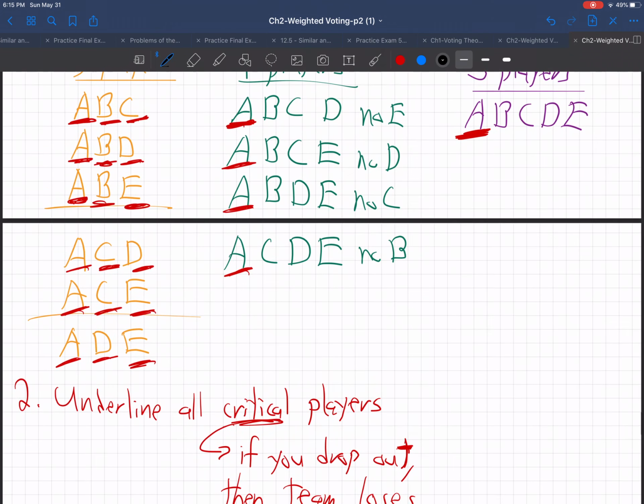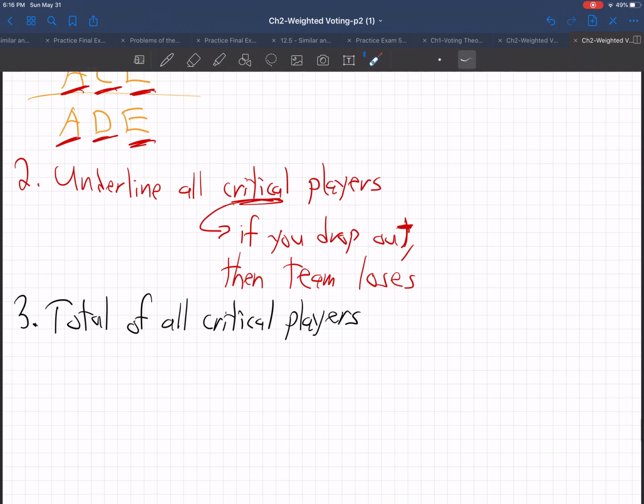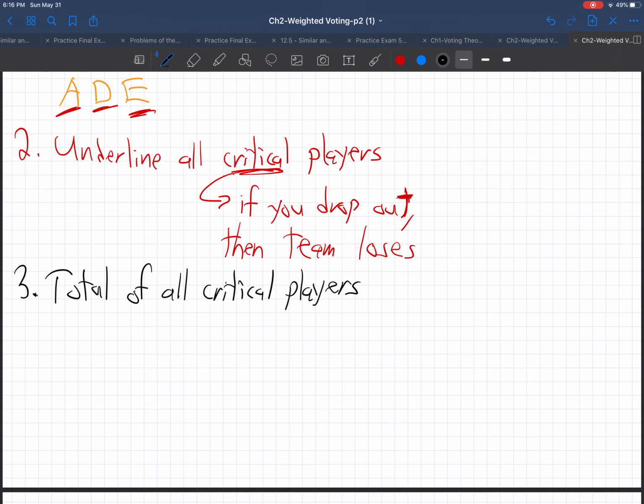This is 3, 3, 3, 3, 3, 3. 3 times 6, 18, 19, 20, 21, 22, 23. 23, right? There's 9, and 9 is 18, 19, 20, 21, 22, 23. So 23 times people are critical.